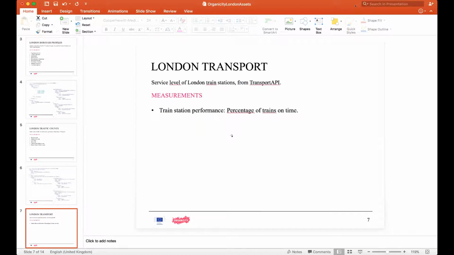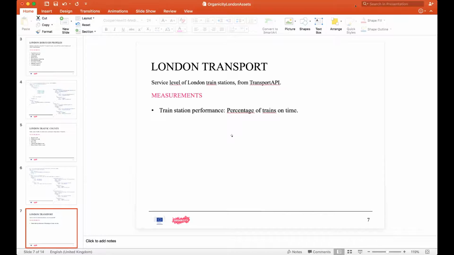We also got data from Transport API, and what we did there is that we calculated a metric that we call train station performance. Basically you can get a list of the trains that are about to leave over the next, I don't remember the time span, I think it's an hour or two, and you can see the percentage of trains that is expected to be on time.